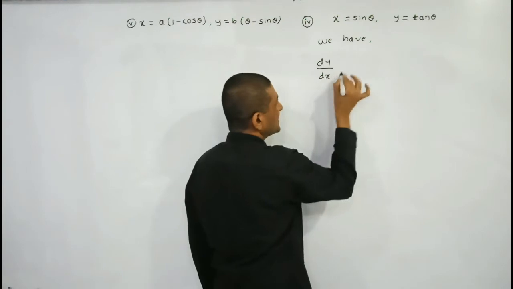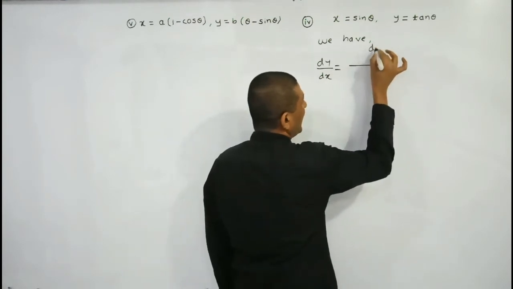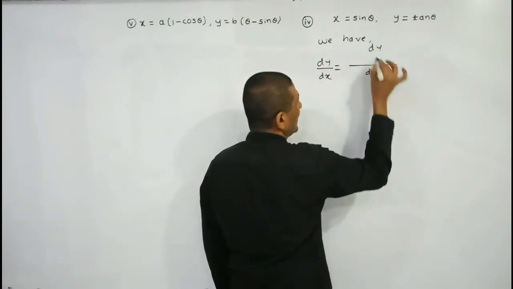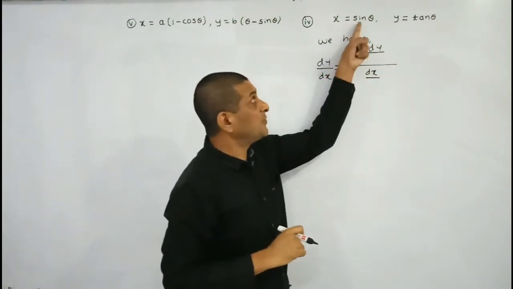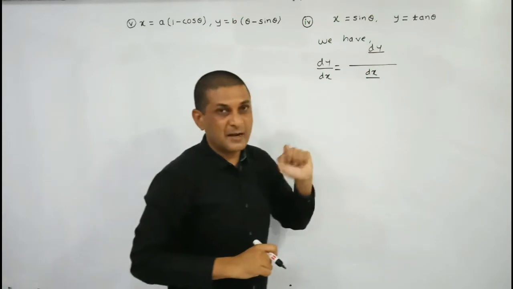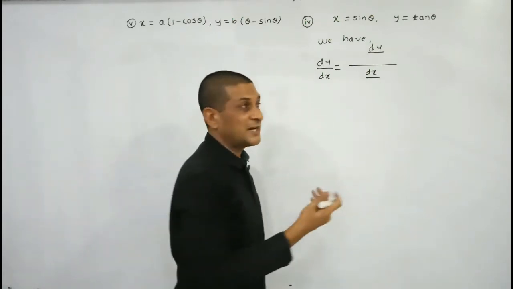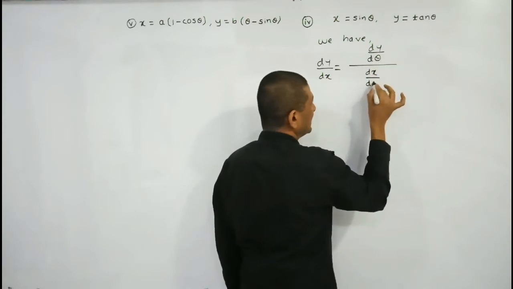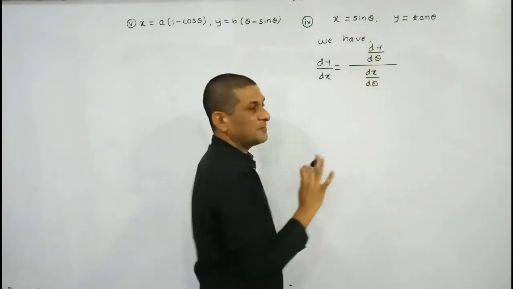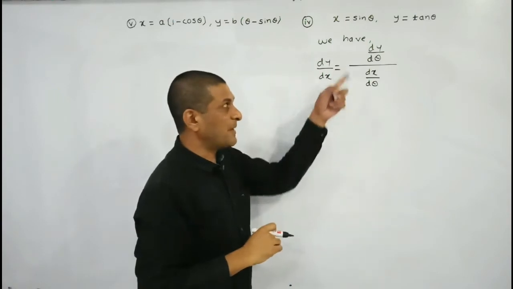Dy upon dx is equal to dy upon d theta and dx upon d theta. So here we have to differentiate with respect to the parameter. If you observe here, theta is nothing but the parameter, because the values of x and y are both expressed in terms of theta, meaning here the new variable is theta, and that new variable theta is called the parameter, isn't it? So apply this formula.